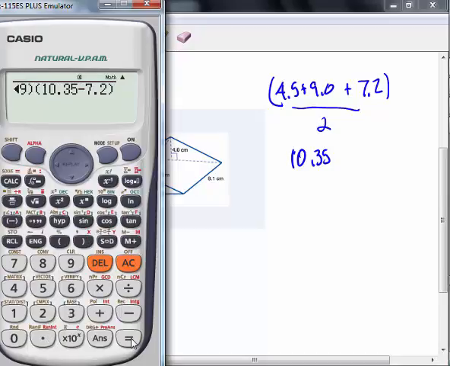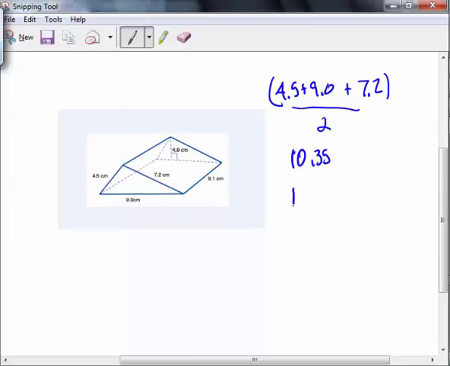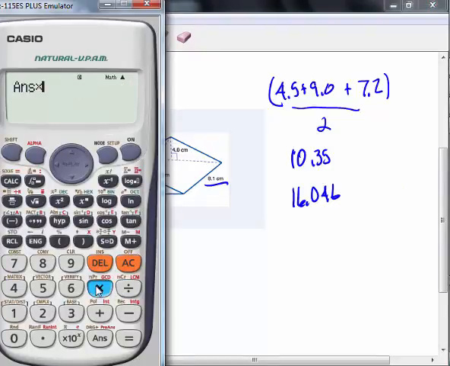And so the area of each base is 16.046. That's the area of each base. And then you multiply that by the slant height, 8.1, to get the volume. So times 8.1, and the volume will be about 130 centimeters cubed.